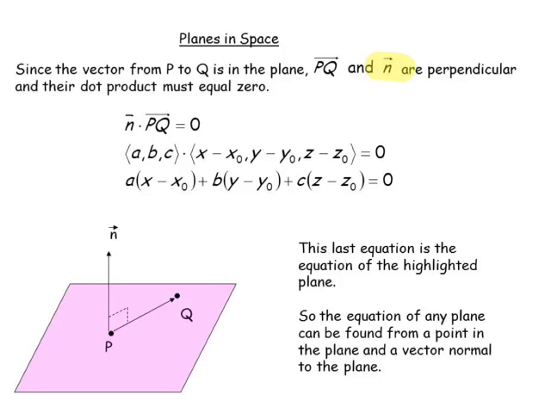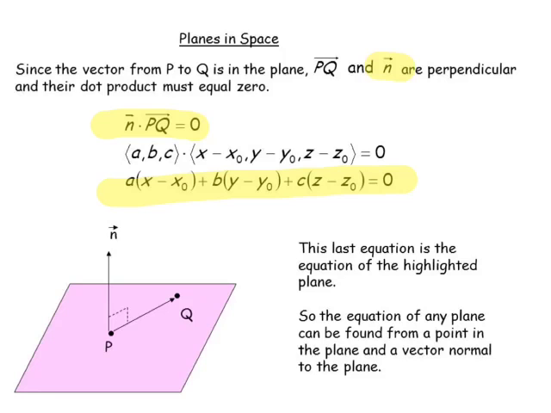So we know n dot PQ is 0, which means n, our vector ABC, when we take the dot product with PQ, x minus x naught, y minus y naught, z minus z naught has to equal 0. So when we actually take the dot product, we get this equation right here. So what I just highlighted, this is the equation of the pink plane.